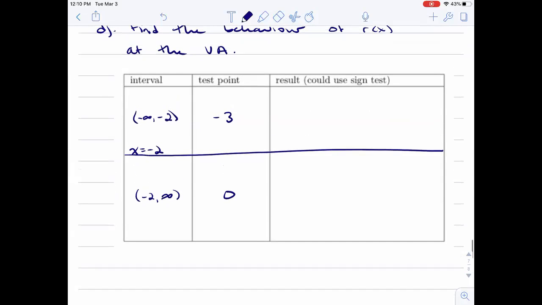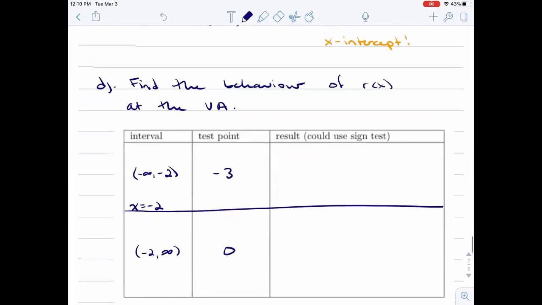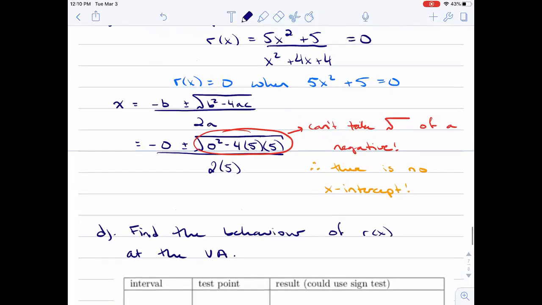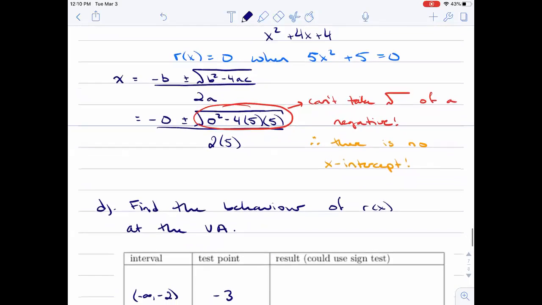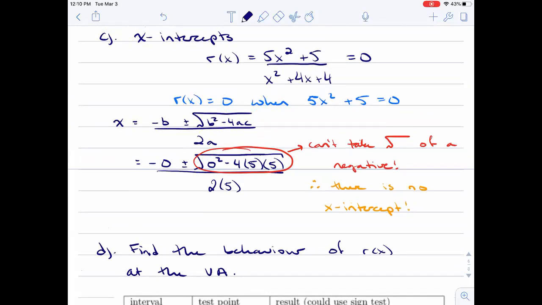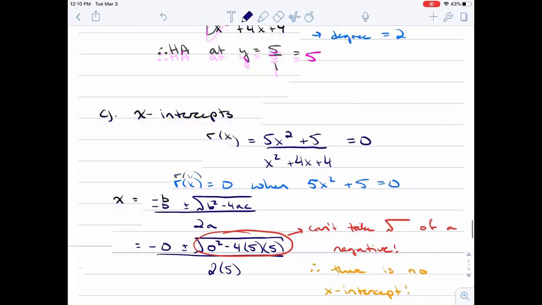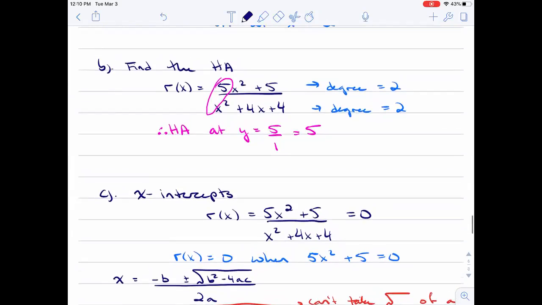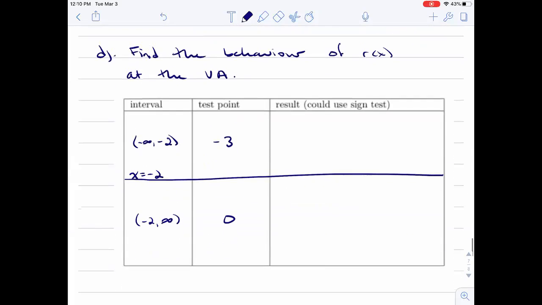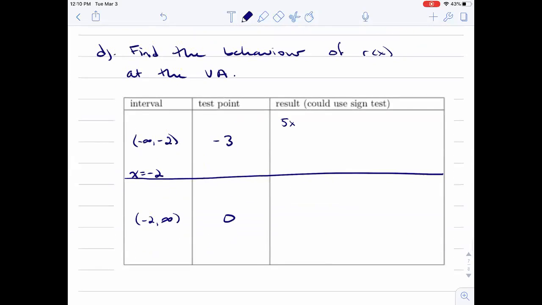And if we use a sign test, then we've got 5x squared plus 5 over x plus 2 squared.